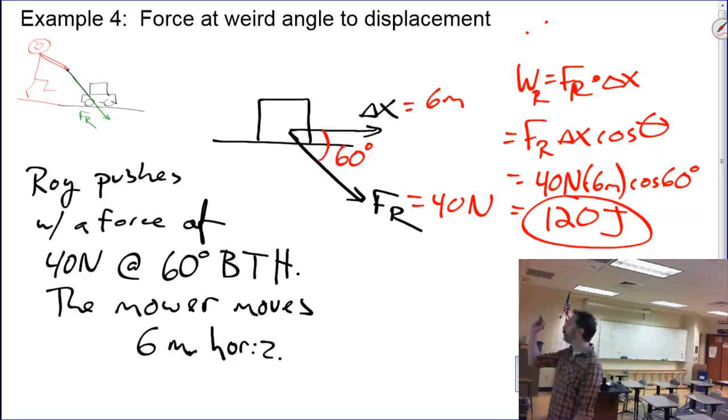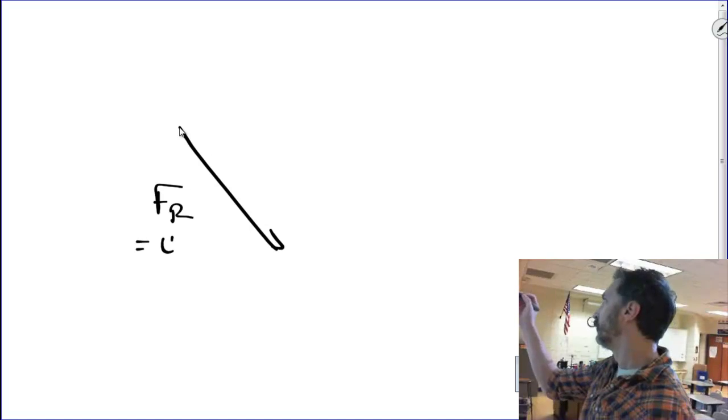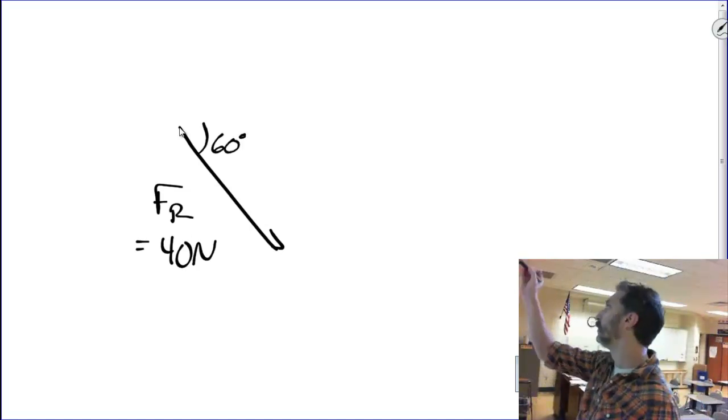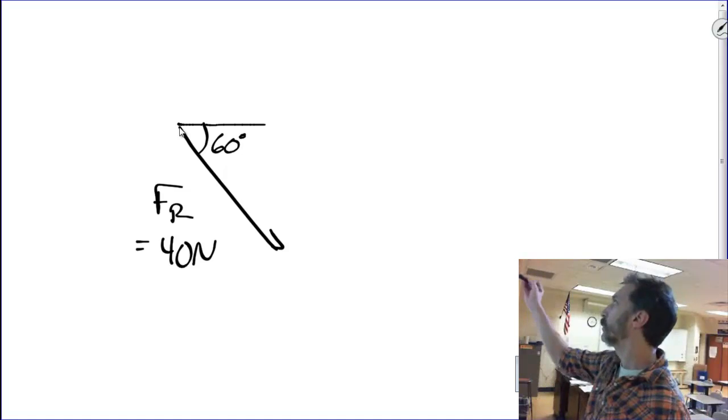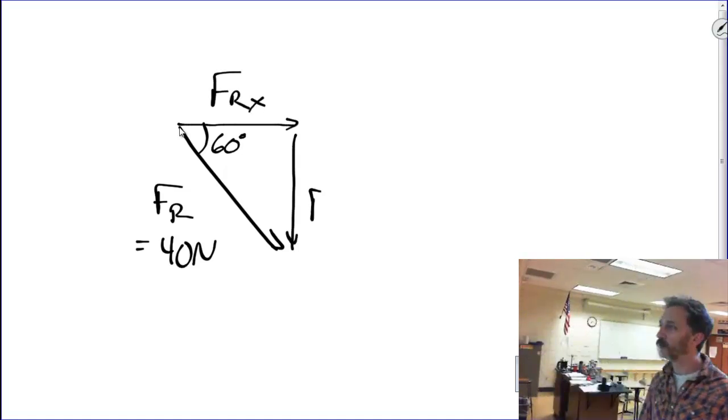But I want to take a minute and talk about what function this cosine of theta has. Roy's force, we said, was 40 newtons, but it's exerted at an angle of 60 degrees below the horizontal. So that force has a horizontal component and a vertical component.